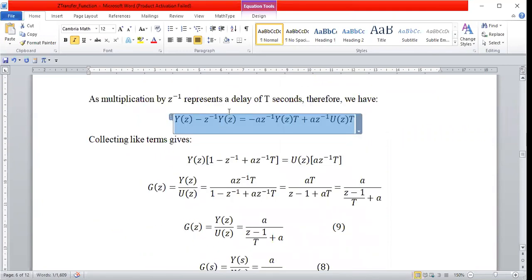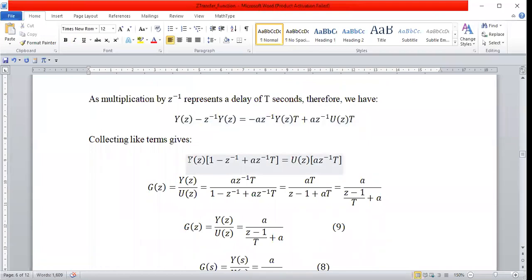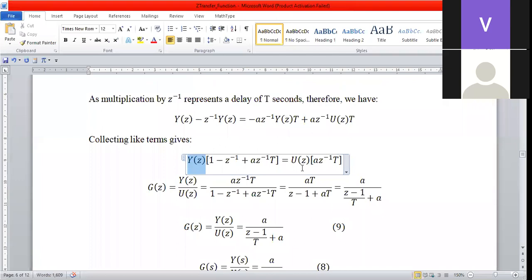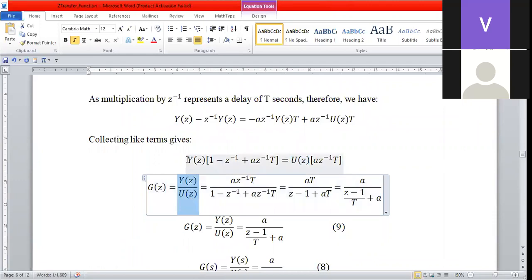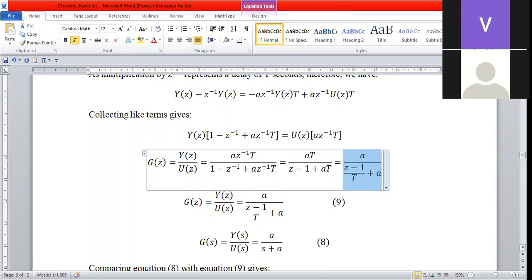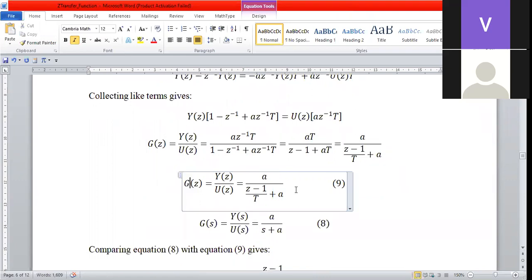Then from here, if you collect like terms, because y of z is common, then collect u of z, because we want to get the transfer function, you have this. Then when you do some manipulations, you will get this. If you multiply both sides of this highlighted equation by z minus 1, you get this. Then if you divide both sides by t, you get this. Finally, the transfer function we got is this.